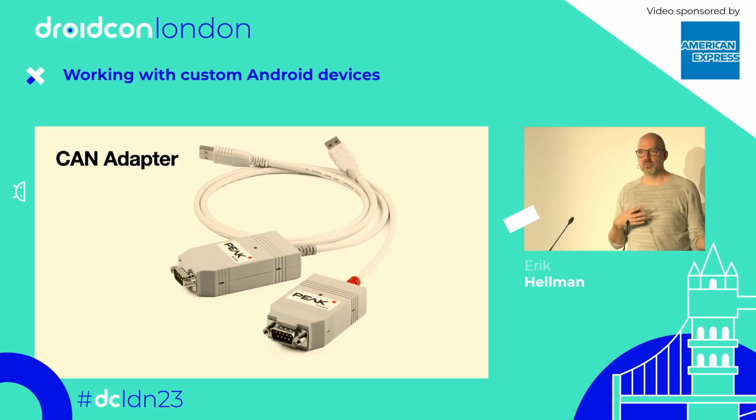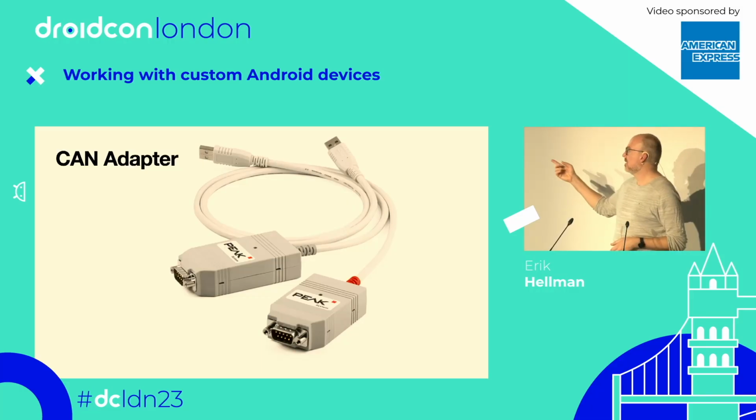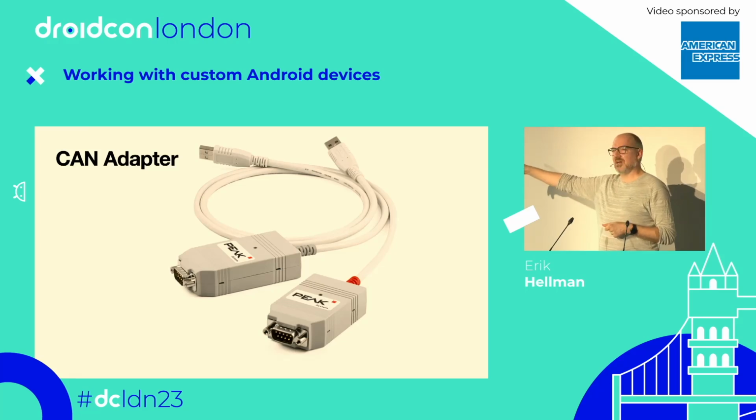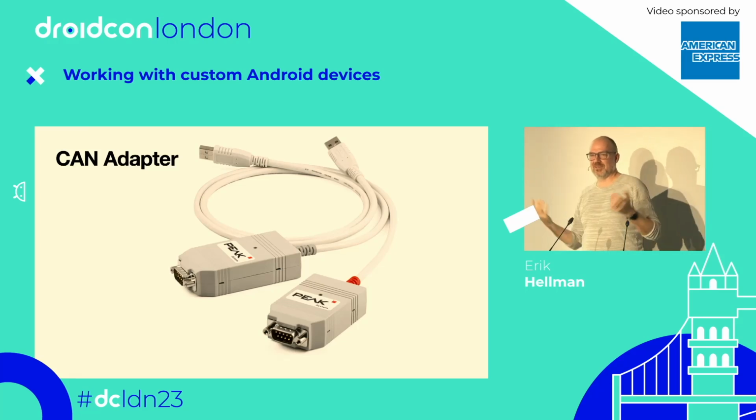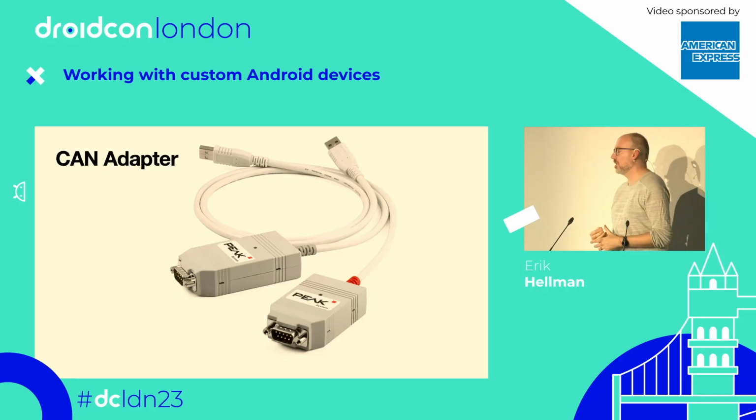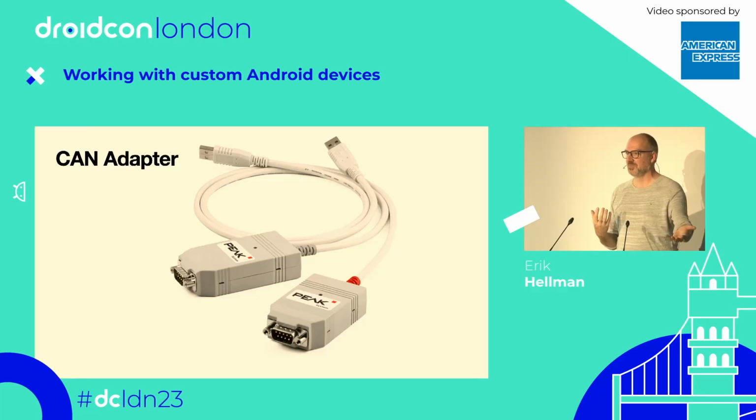So if you're going to do automotive, you're going to have a CAN bus to talk to. Why is this one important? Well, I think this one costs 150 euros. It's basically two serial cables. It's super expensive, but you're going to need it in your project to simulate the CAN communication with your Android Automotive build.